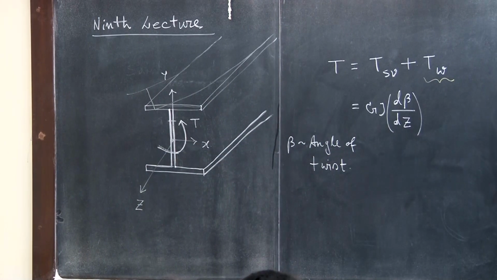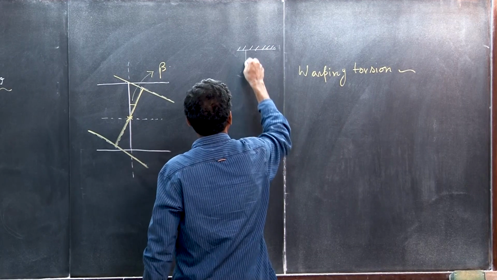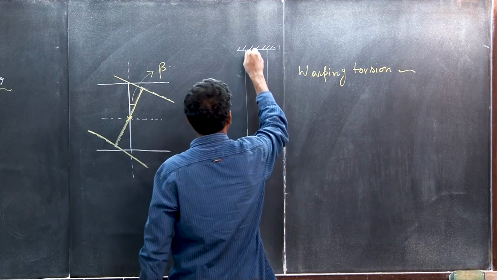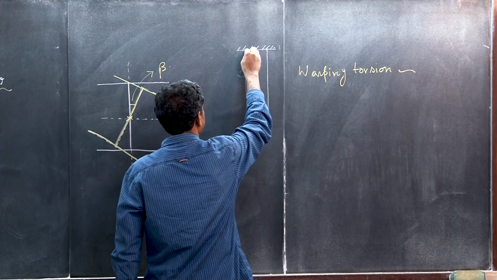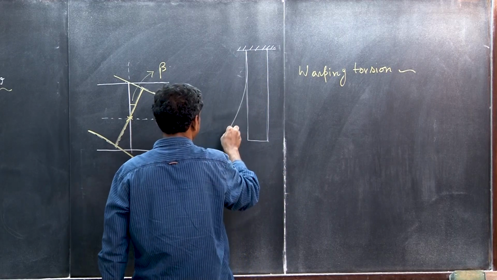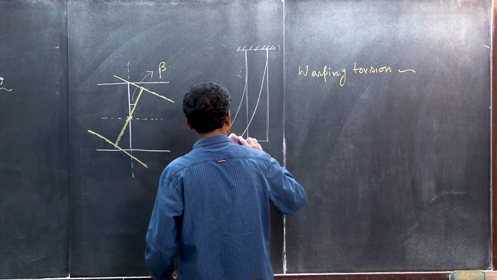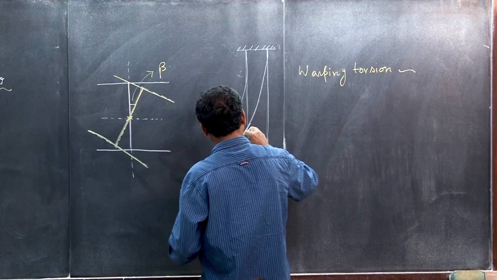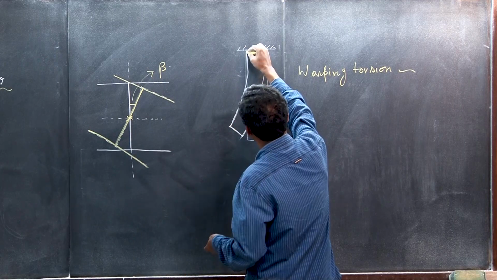If the top flange, I am considering that this is along the length, okay, so if the bottom flange is going to deflect like this, then the other one is going to deflect like this.